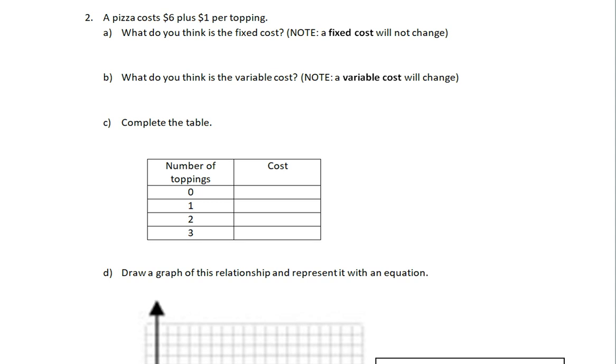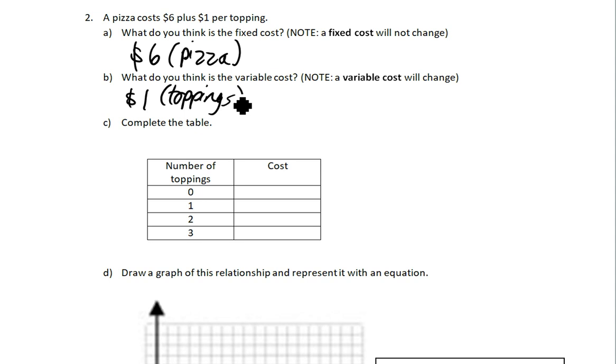So the cost of the pizza will always be $6, regardless of how many toppings we order. And the variable cost is the $1 for the topping. If I only order one topping, that'll be $1, but if I order 3 toppings, it'll be $3.